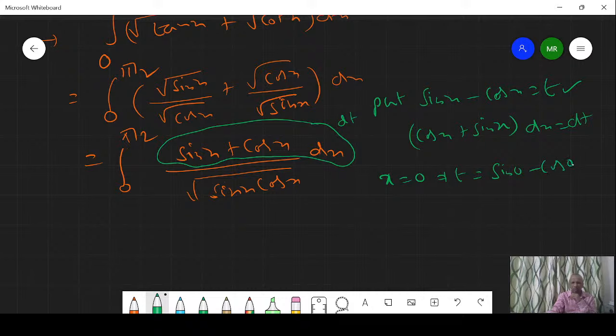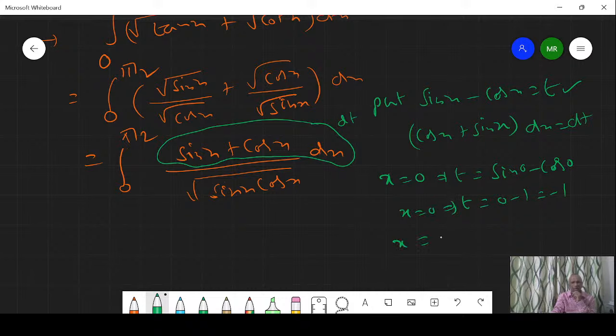Sin 0 is 0, cos 0 is 1, so t equals 0 minus 1, which is minus 1. So when x equals 0, t equals minus 1.